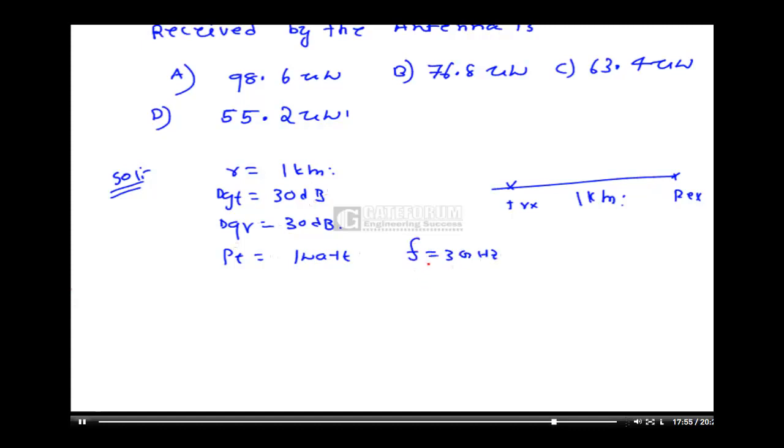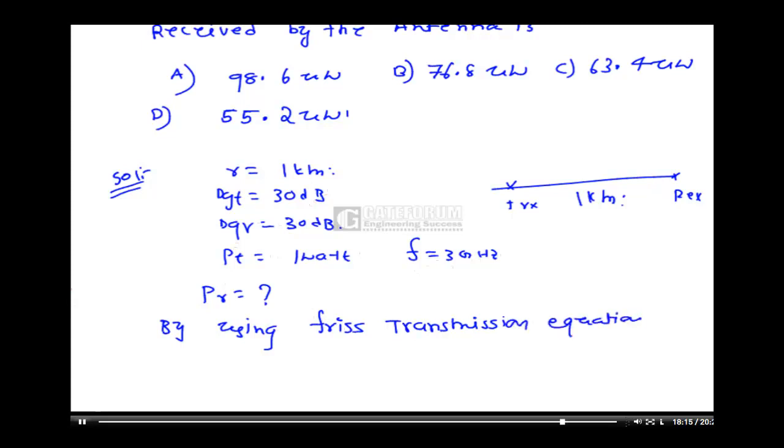We need the power received by the antenna, PR. By using the Friis transmission equation, PR is equal to directive gain of transmitter, directive gain of receiver, lambda by 4 pi r whole square into power transmitted.